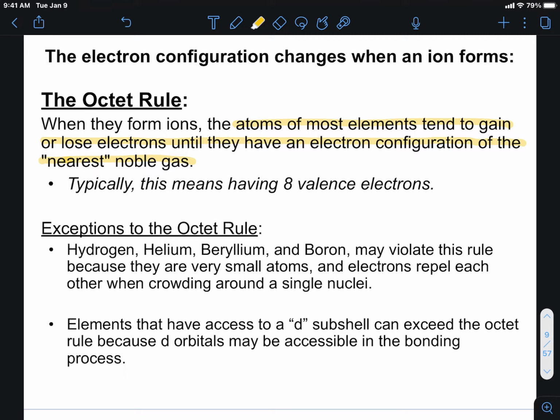So however many valence electrons an element has, all elements are most stable when they have 8 valence electrons. That's why it's called an octet rule, right, for 8.